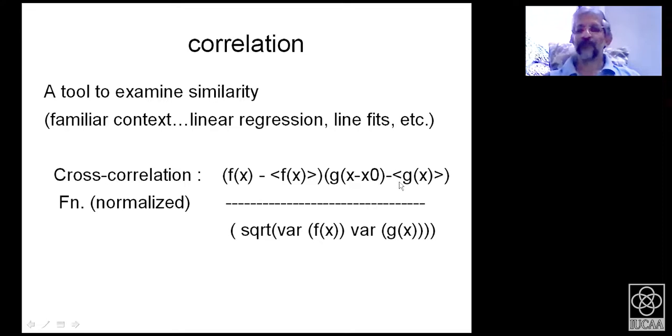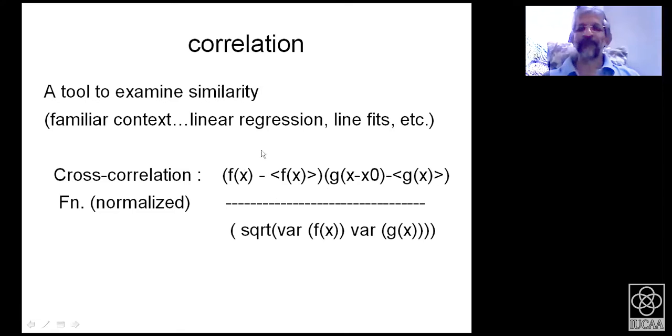So you will find that x0 is a variable. It's the lag or the relative shift that we wish to explore to see how the correlation behaves as a function of this shift. And if you want to make it independent of arbitrary scales in f and g, you can often divide that by the square root of the product of variances in these two, which are again measures of the fluctuations about the mean.